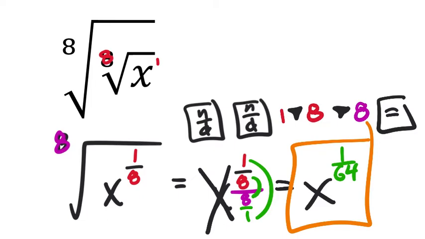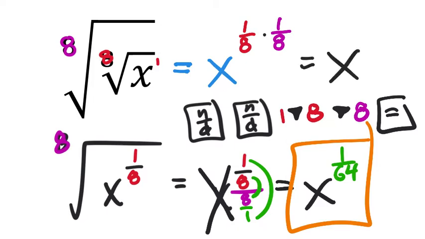Now I'm going to go back on this one, and what it really was from the beginning there was x to the power of what would have been 1/8 there in the red, and then this 8 right here would have been another 1/8 right there, which again, it was just kind of like you were multiplying those two, which would have given you again x to the power of 1/64.